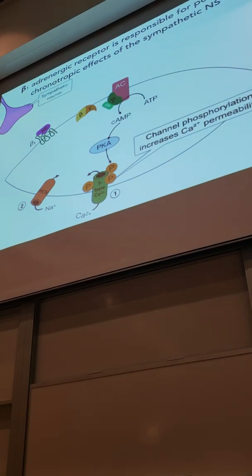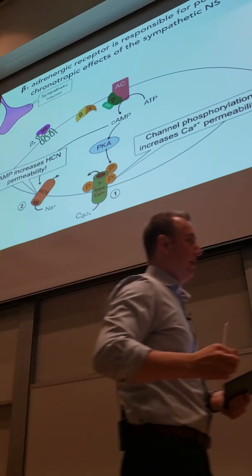One other thing to know here, cyclic AMP will act on not only protein kinase A, but has another target as well. What do you suppose it is? Hint, there's a 2 next to it. HCN channel. Okay. Who remembers what HCN stands for?